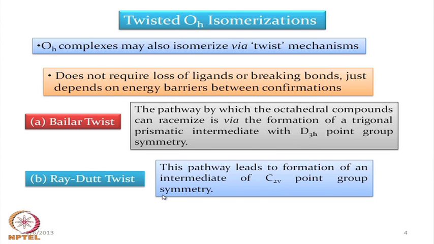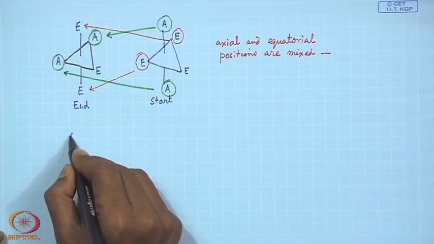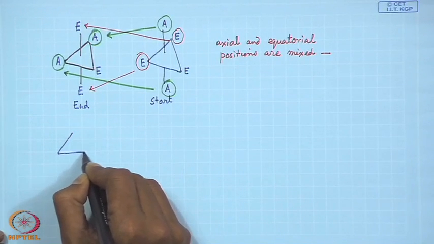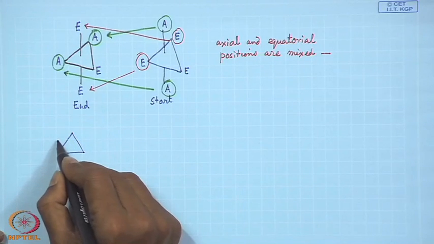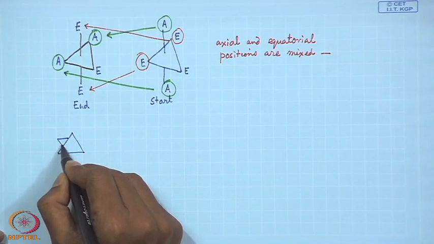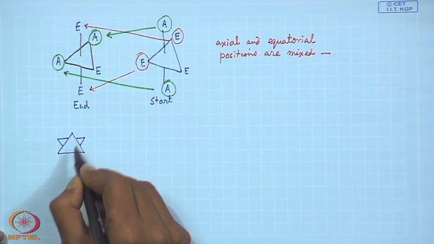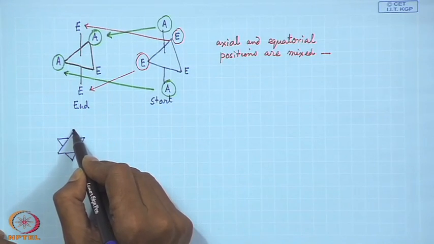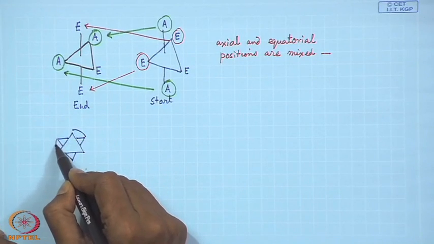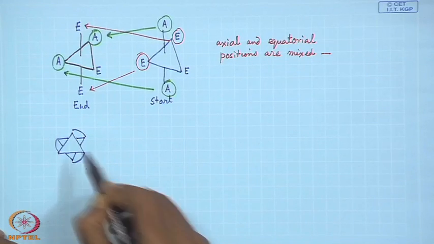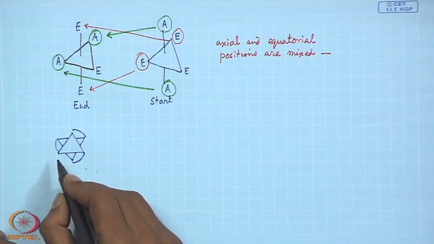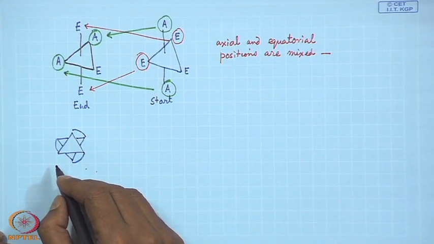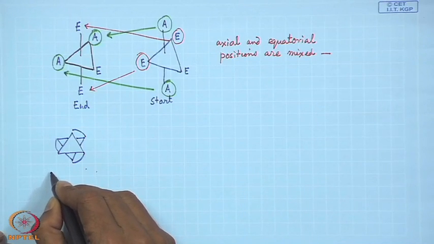So, what we basically get is this octahedral triangular face we know, and in a staggered fashion, if all three are bidentate ligands, we get a corresponding trigonal antiprismatic structure.